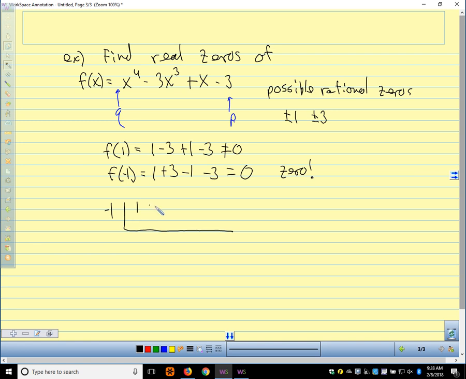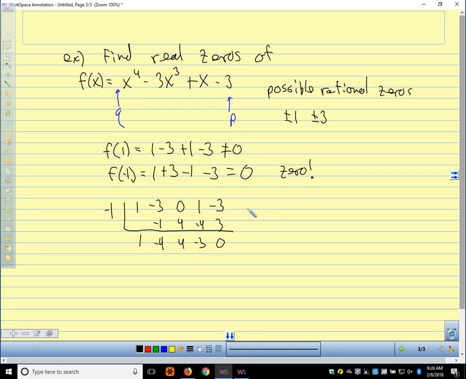So I get a 1, minus 3, a placeholder for the x squared, 1, minus 3. And we'll do our synthetic division. All right, so there is our synthetic division after the first round.